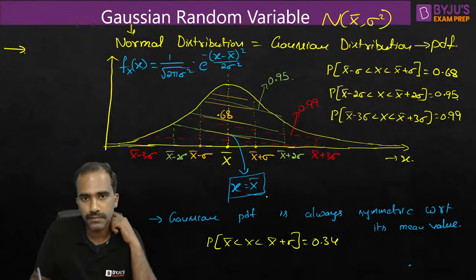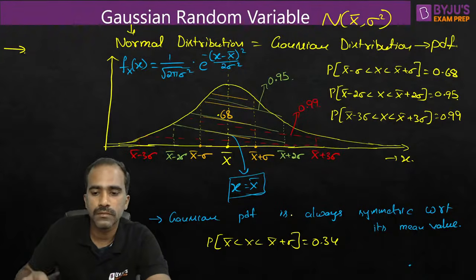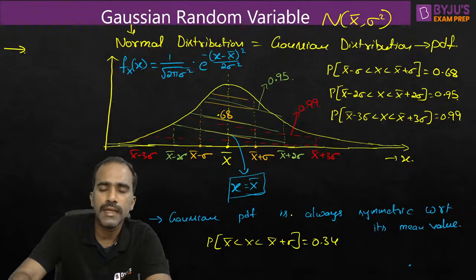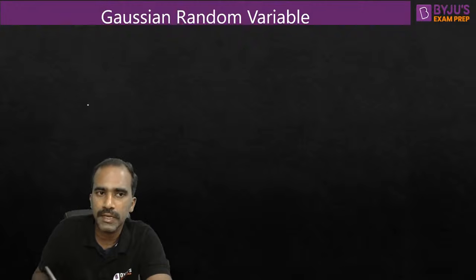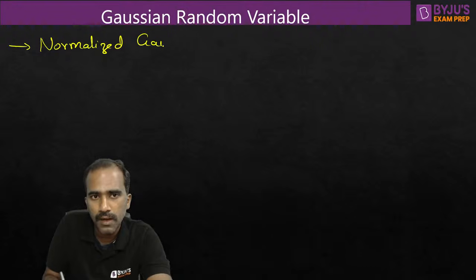Next. So in this Gaussian curve, we'll talk about a special case. We'll talk about the normalized Gaussian distribution function.